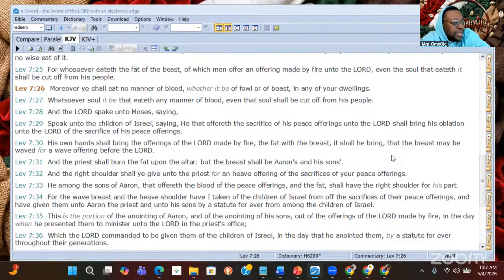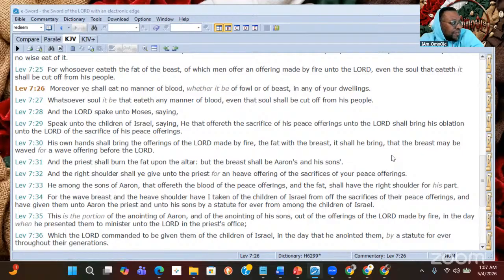The fat with the breast it shall bring, that the breast may be waved for a wave offering before Jehovah, which was previously also given the protocol for a wave offering, or waves it over the smoke, essentially.